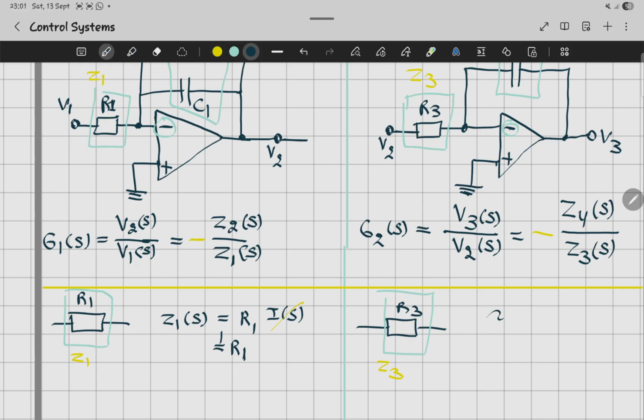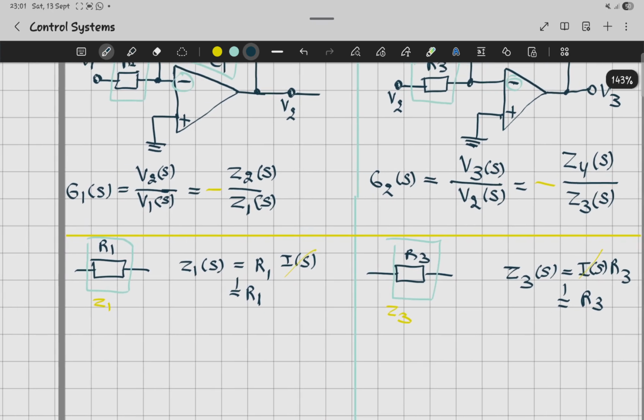So we're going to say Z3(s) will be equal to the current times R3. Since we're going to cancel out the current in all, we're going to remain only with R3. Okay, let's now go and attack another block.